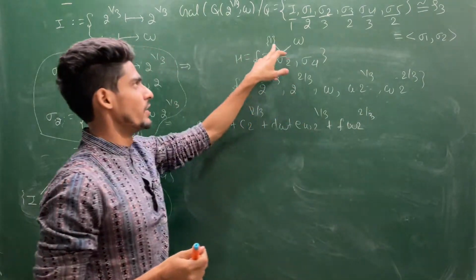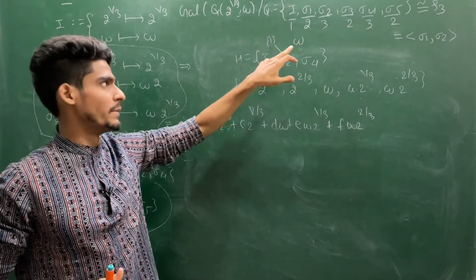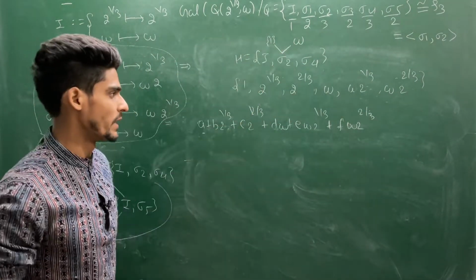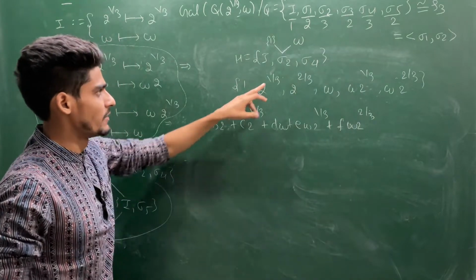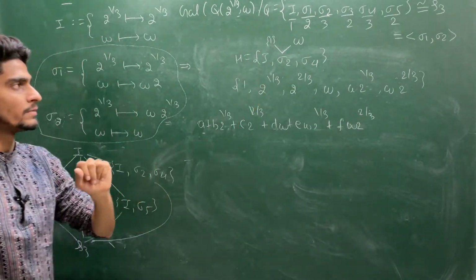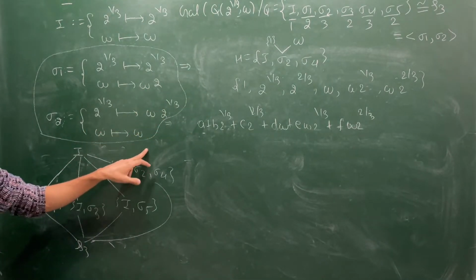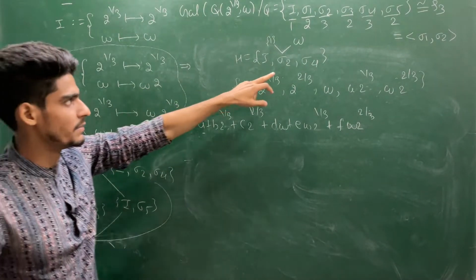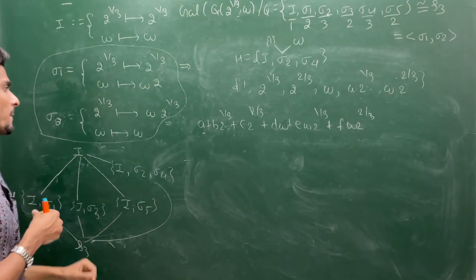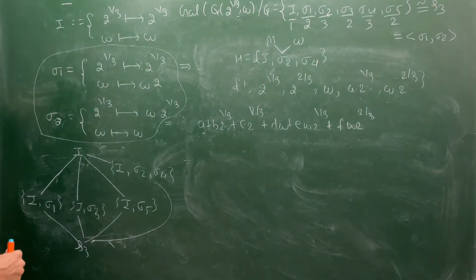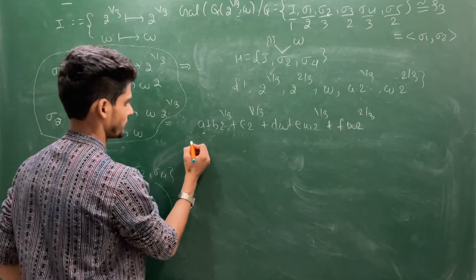So this sigma 2 fixes 1 and omega. That means every rational and the coefficient of omega. Now if you are seeing those elements which are fixed by sigma 4, let me write what sigma 4 is first here, then I will come to that, because I need sigma 4. Sigma 4 I wrote in this manner.